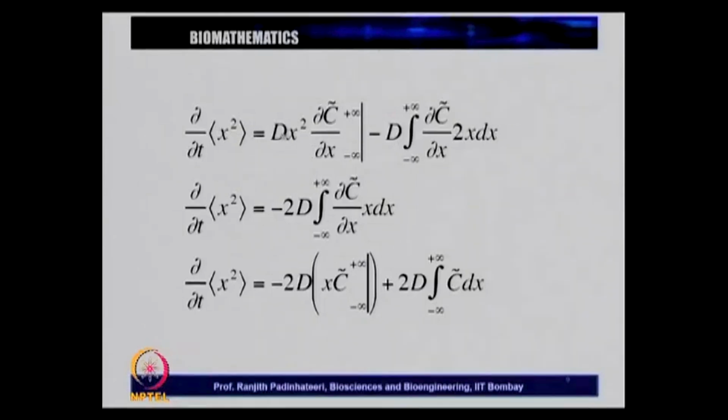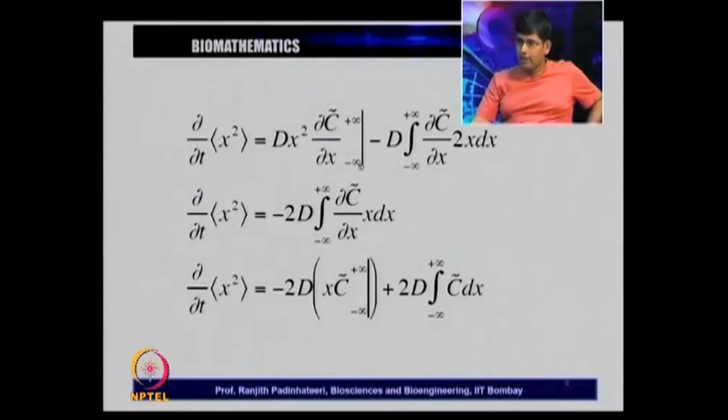Now, what is the derivative at infinity and minus infinity? We said that at infinity and minus infinity there isn't anything. So, this derivative at both the places will go to 0. So, this term will go to 0, because there is no concentration at infinity and minus infinity. There is no derivative also, because there is no change in concentration either, because there isn't anything at all.